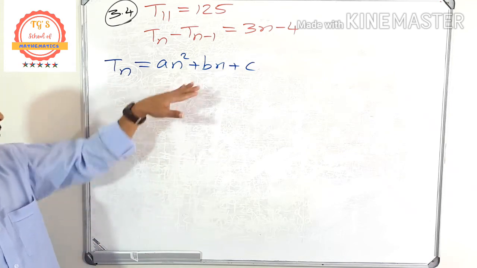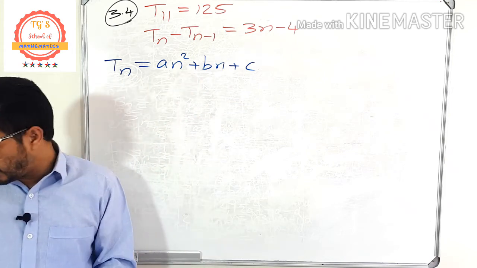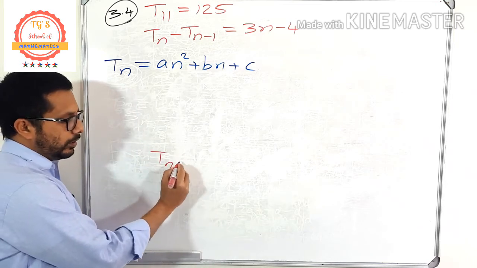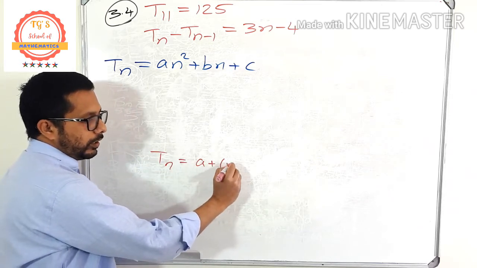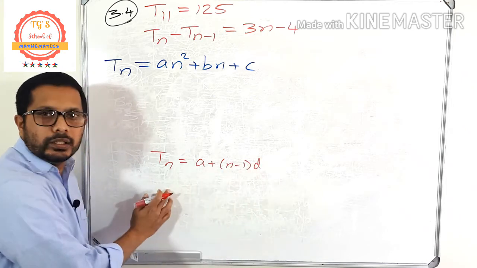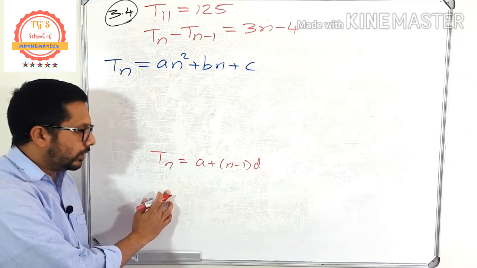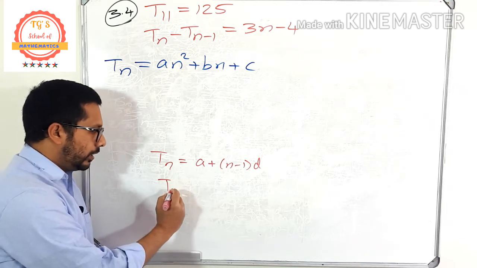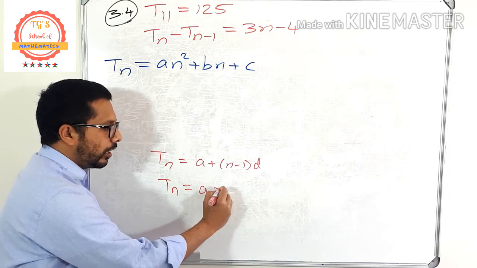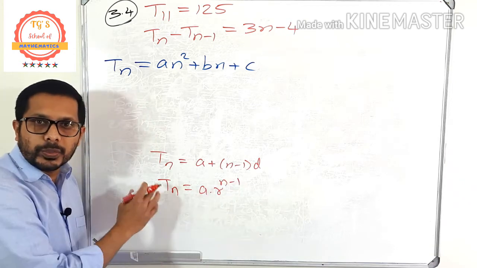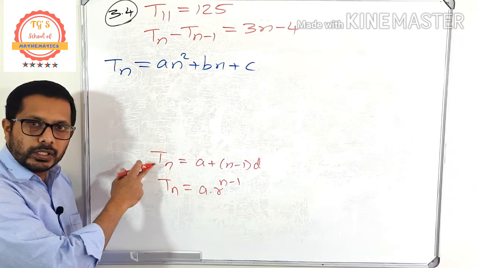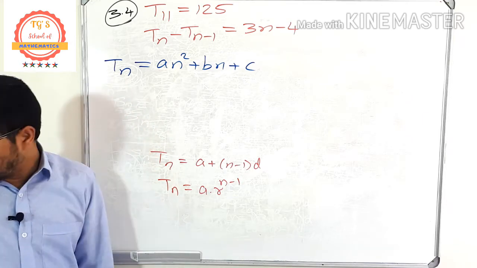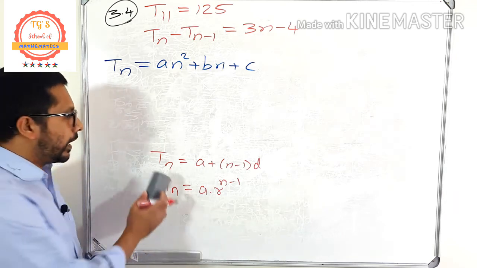Just for a recap, the nth term of an arithmetic sequence is Tn equals a plus n minus 1 into d. The nth term of a geometric sequence is Tn equals a into r raised to n minus 1. I hope you remember this. And this is how you can express the nth term of a quadratic sequence.